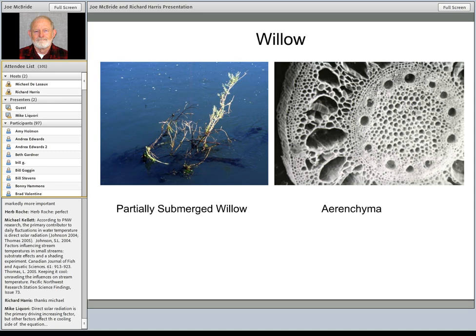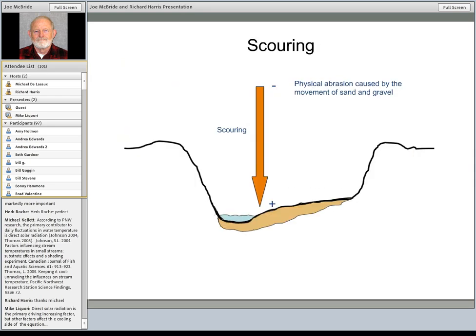And of course, they're very well noted for their ability to withstand long periods of inundation.